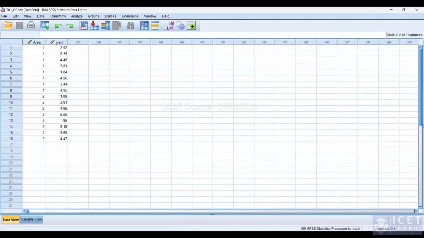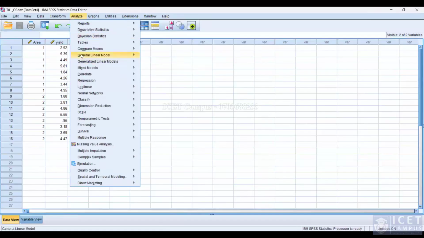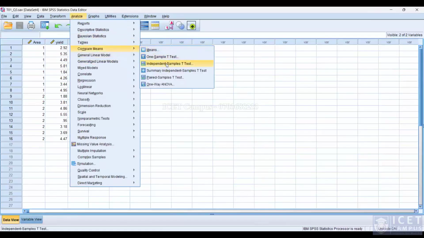Once you enter the data, it is very easy. Because there are two different groups, we go for the independent sample t-test. You know how to do it: Analyze, Compare Means, Independent Samples t-test.